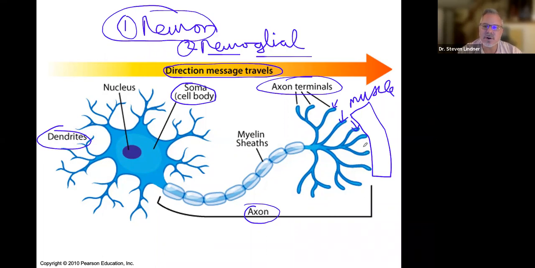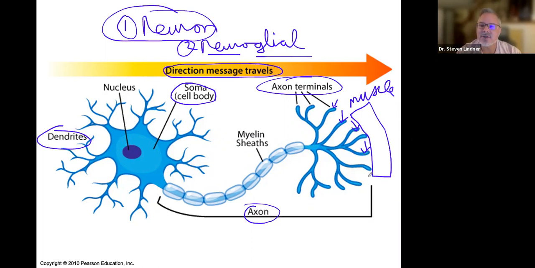And what's stored in these end bulbs are chemicals called neurotransmitters. These neurotransmitters can either be excitatory, like turning on a light switch, or inhibitory, like turning off the light switch.